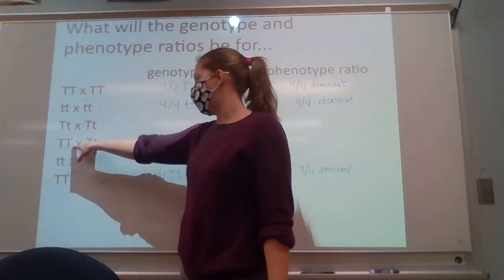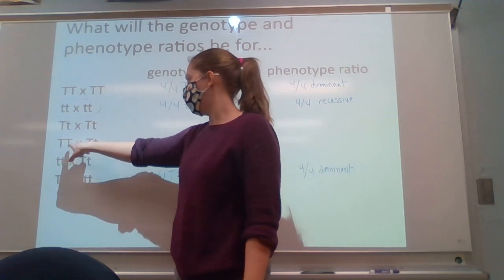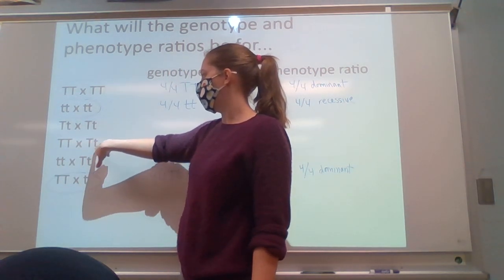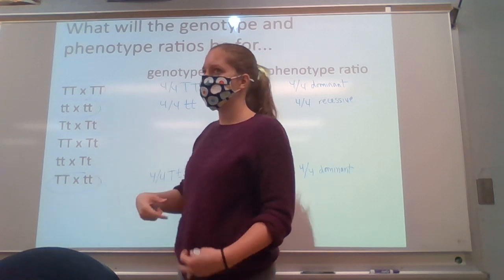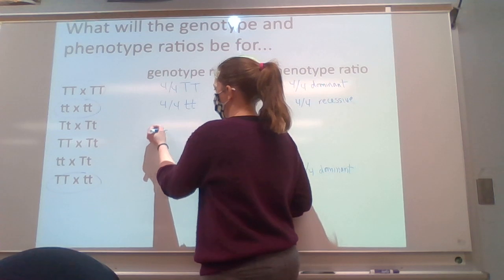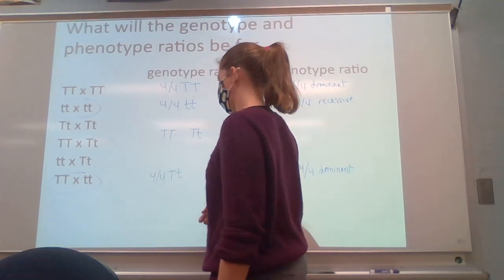If I look at this cross, this parent can only pass on the dominant. This parent could pass on either dominant or recessive. So there's two possible genotypes I could get, either homozygous dominant or heterozygous.